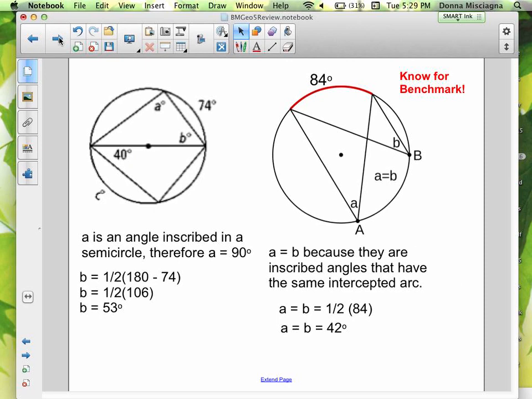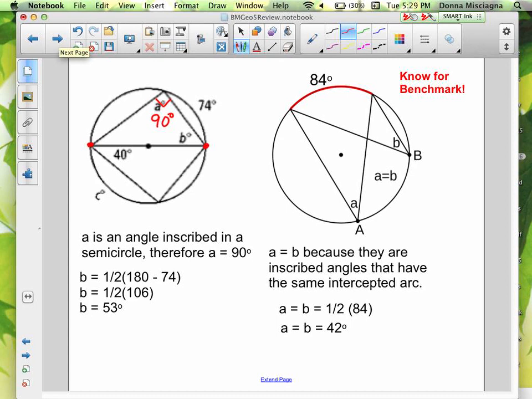And if an angle, here we have an angle, it's inscribed in a semicircle. So here notice that the endpoints of the angle are on the diameter. This is always going to be a right angle, and it will always be 90 degrees. Okay? Which makes it real easy to find the other one, right?